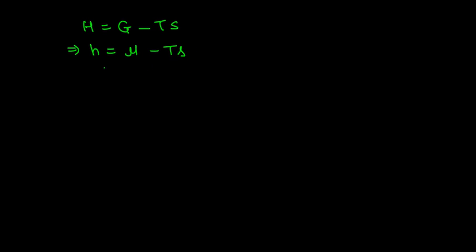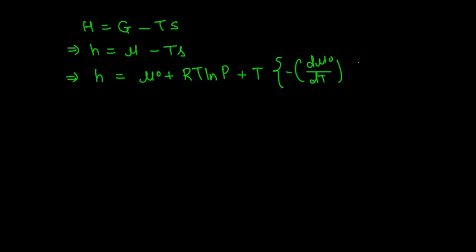I have the expression for the molar entropy actually ready with me, and I know μ as μ⁰ plus RT ln P. So I can write H as μ⁰ plus RT ln P plus T times, now I will use the expression for molar entropy as minus of dμ⁰/dT minus R ln P, and on simplification this becomes H equals μ⁰ minus T times dμ⁰/dT.